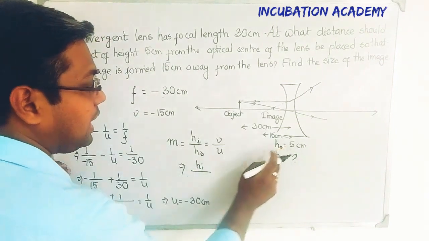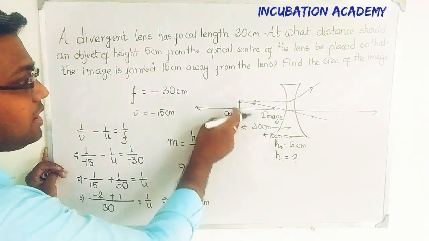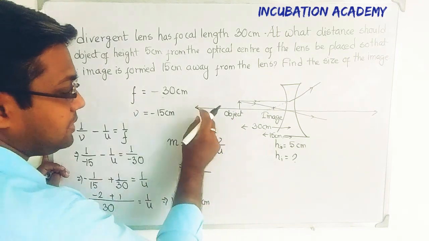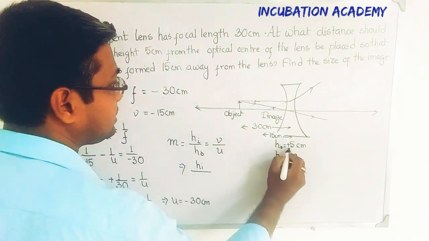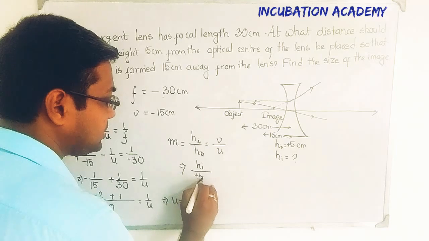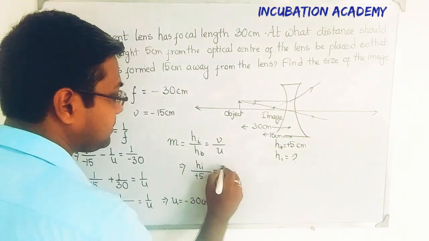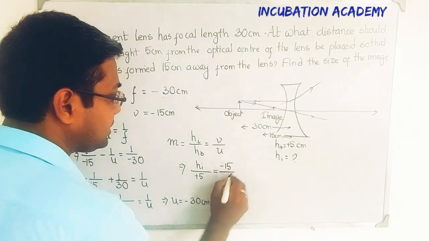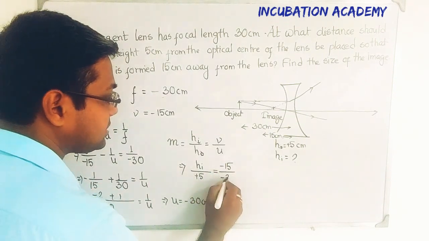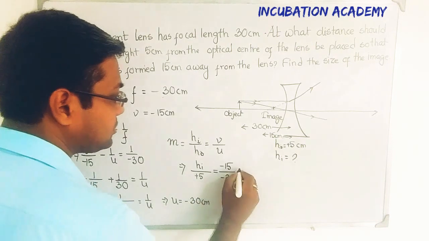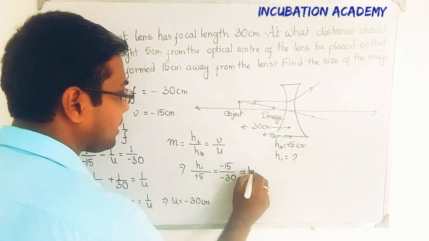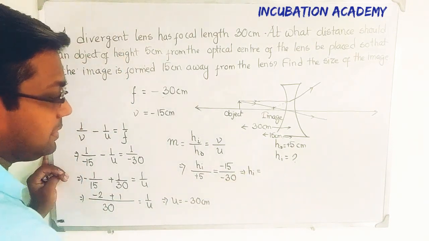Height of the object, since it is on the upside of the principal axis we have considered, so we can say it is plus 5. What is V? V is minus 15. What is the value of U? U is minus 30. So from here, what is the value of HI?